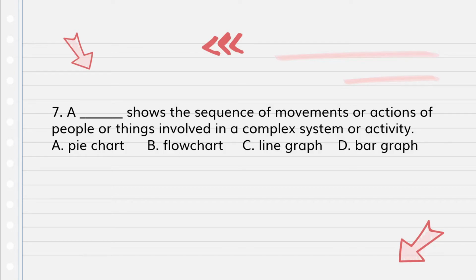Number 7. A blank shows the sequence of movements or actions of people or things involved in a complex system or activity. A, pie chart, B, flow chart, C, line graph, or D, bar graph?